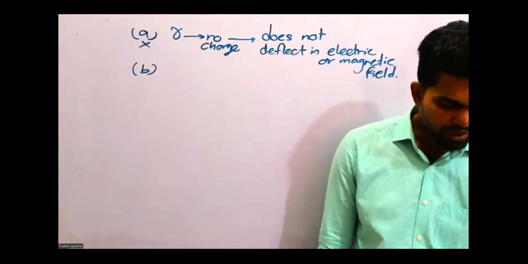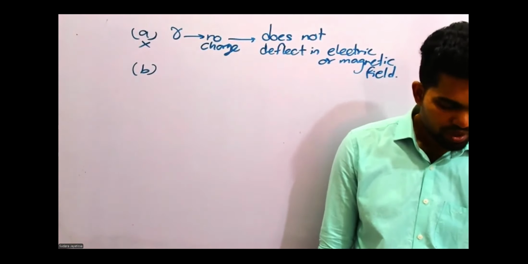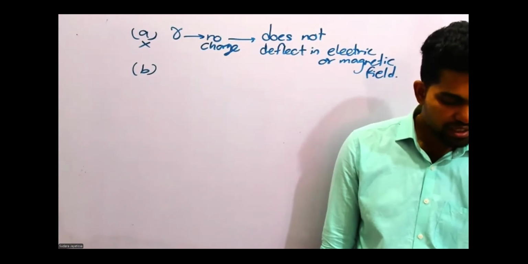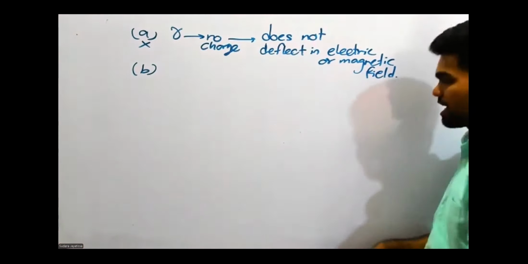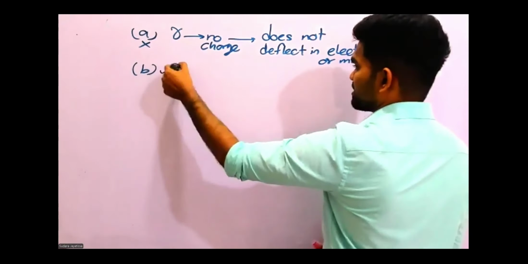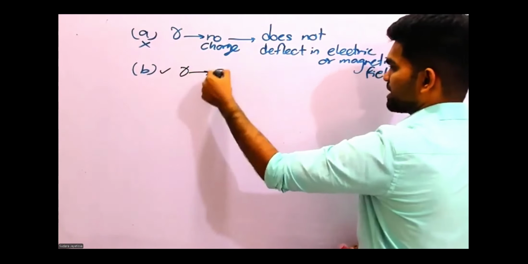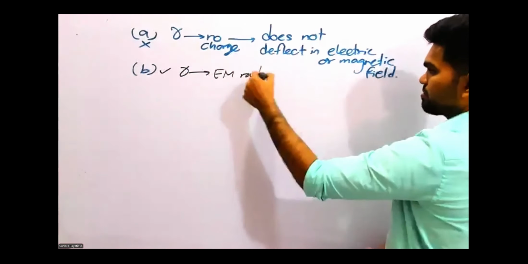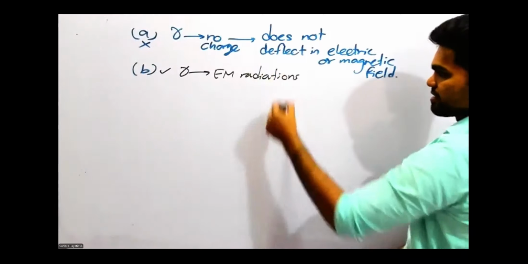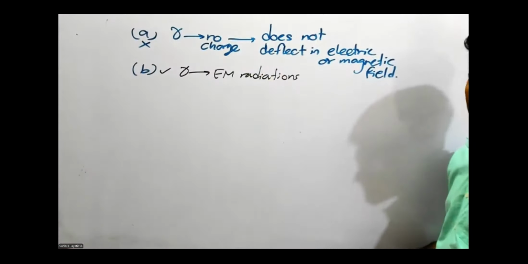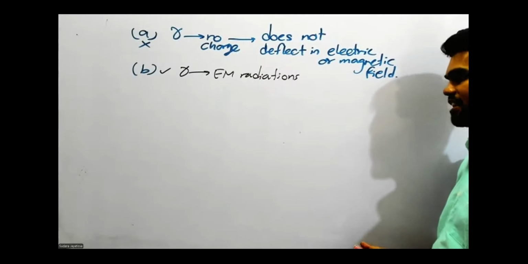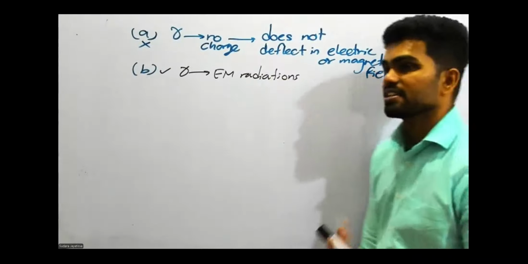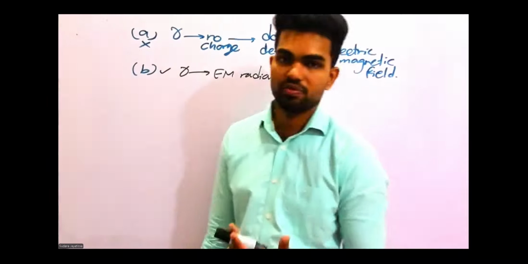Ionization power of gamma rays is extremely low, and it has the speed of light in a vacuum. That's correct, because gamma rays are basically electromagnetic radiations. So they will have the speed of light, and since they are electromagnetic radiations, their ionization power is very low.